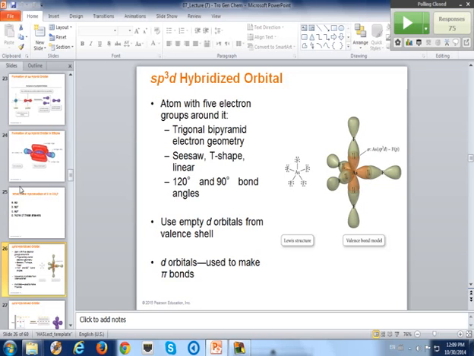Bond angles of 90 degrees and 120 degrees in trigonal bipyramidal electron domain geometries can arise by mixing an s orbital with three of the p orbitals and a suitable d orbital.